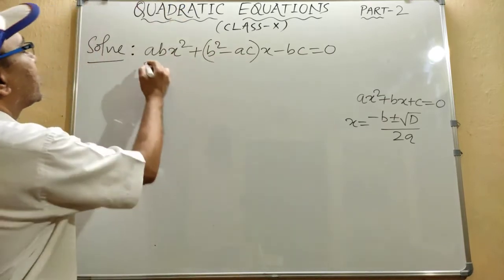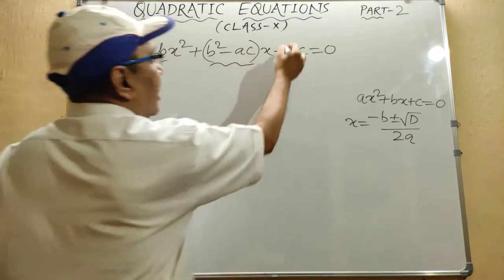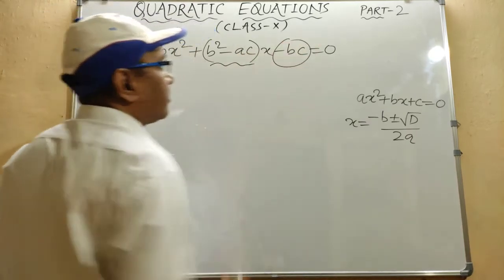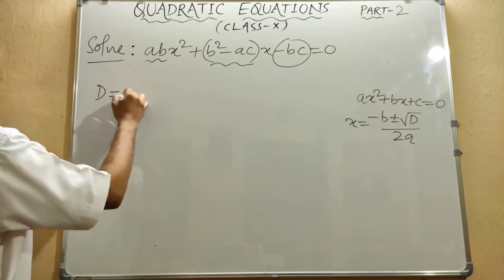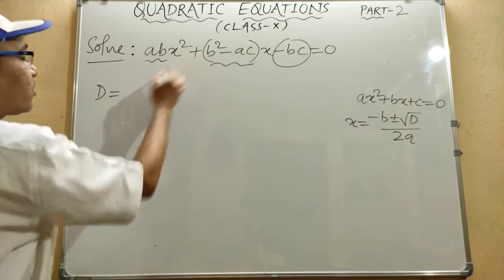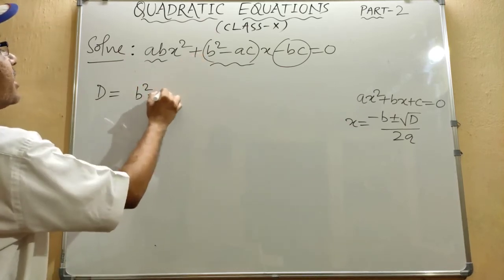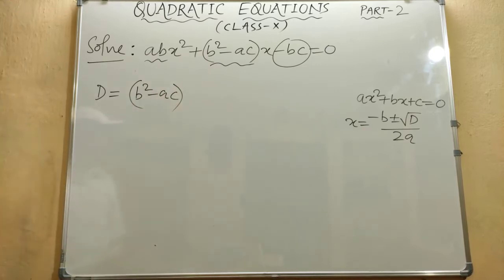You should know this is written in place of a, this is written in place of b, and this is in place of c. So directly you find d equal to, as you know, b square minus 4ac. B square, this is given in place of b.